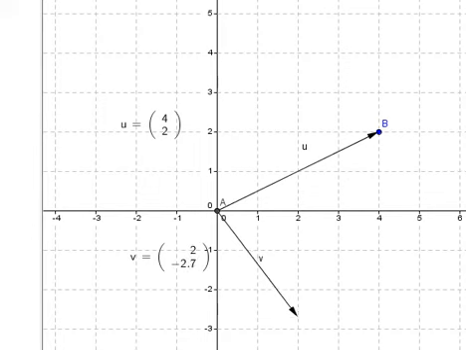Now, if x is bigger, you'll have a family of vectors, and one of these vectors is parallel to vector u. We can see that the vector of coordinates 2 and 1 is parallel to vector u.